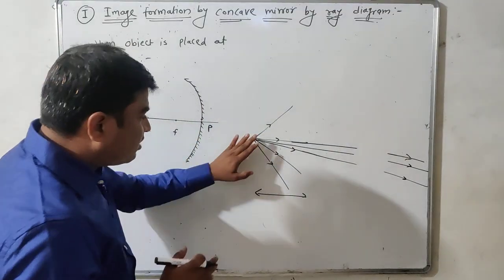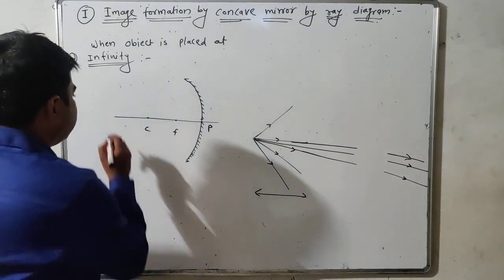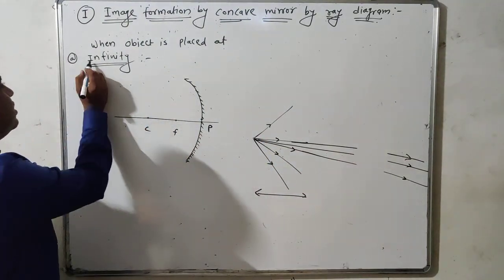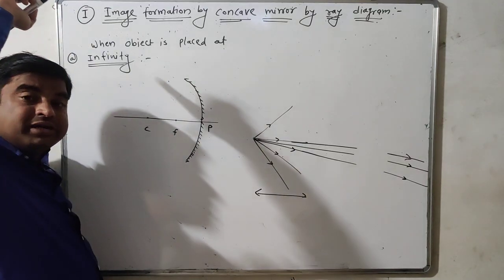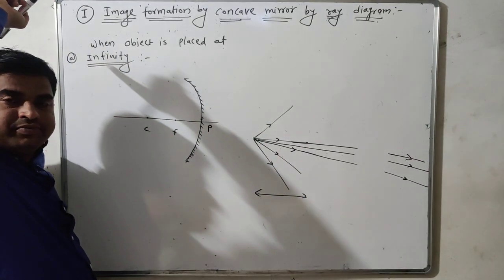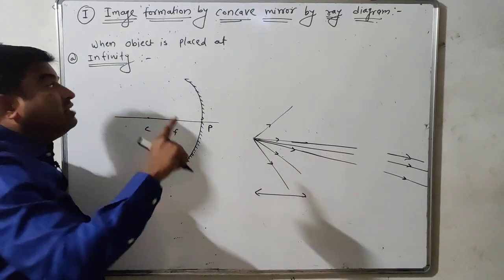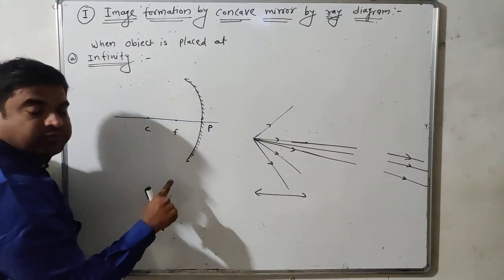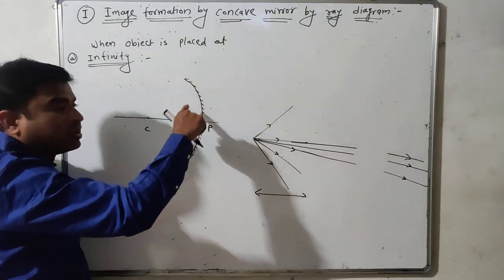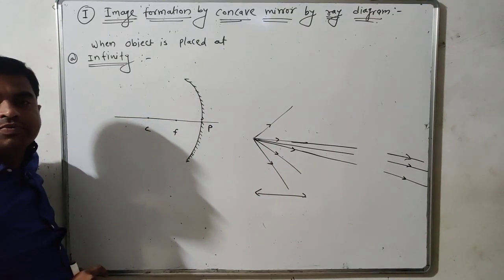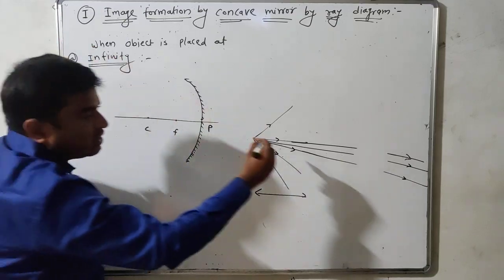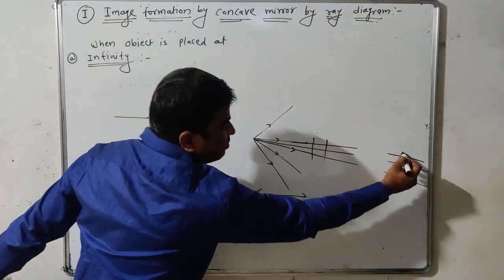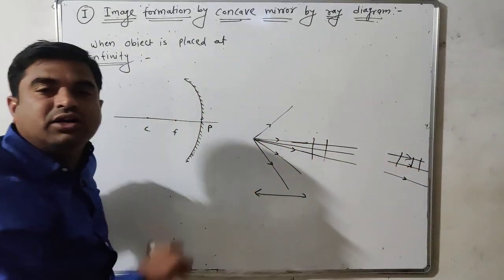So student, we apply this here also. We know that the object is located at infinity. That means all the rays emitted by that point object travel an infinite distance to reach this concave spherical mirror. So after traveling that infinite distance, these rays become what? Parallel to each other.